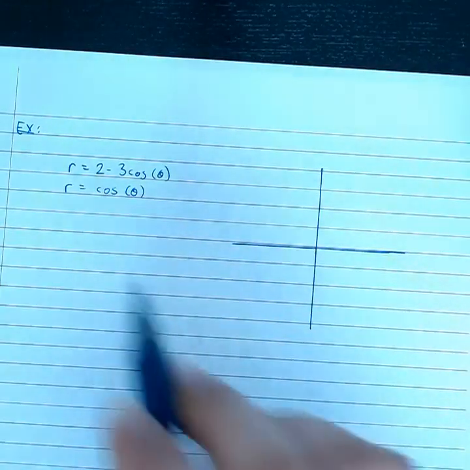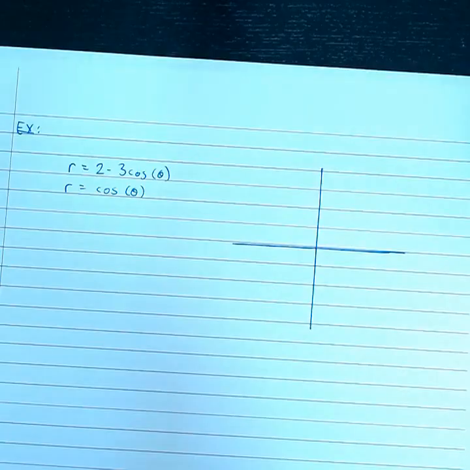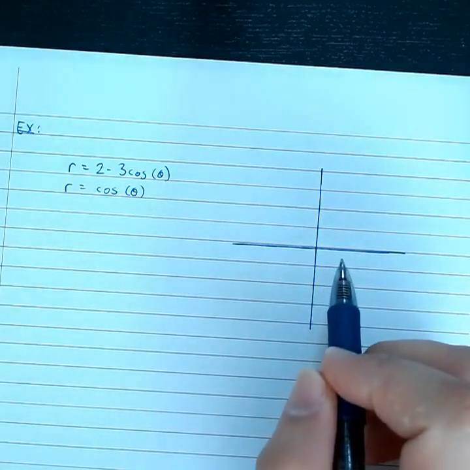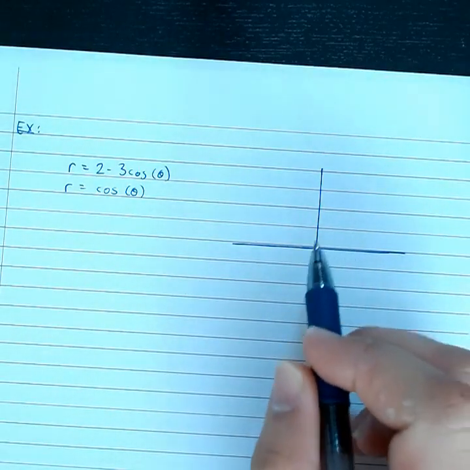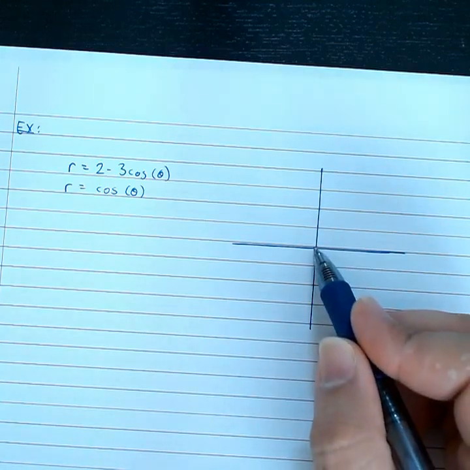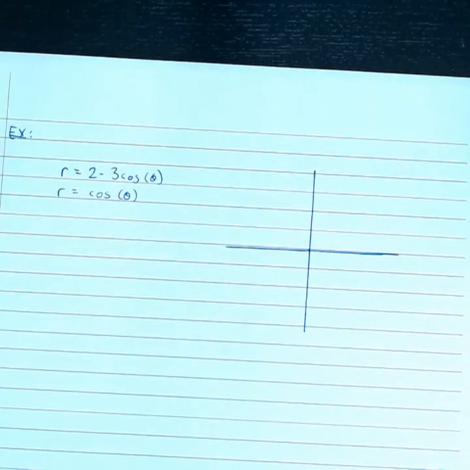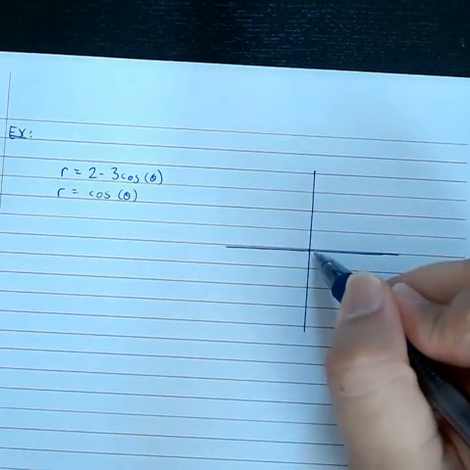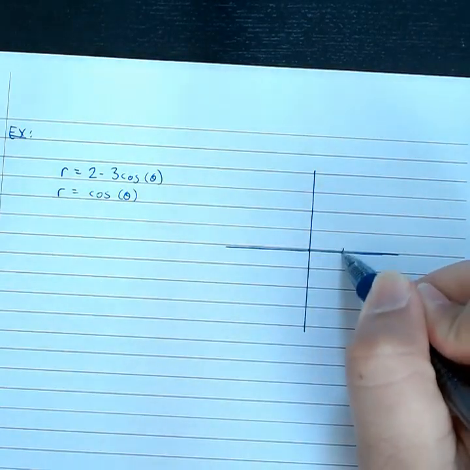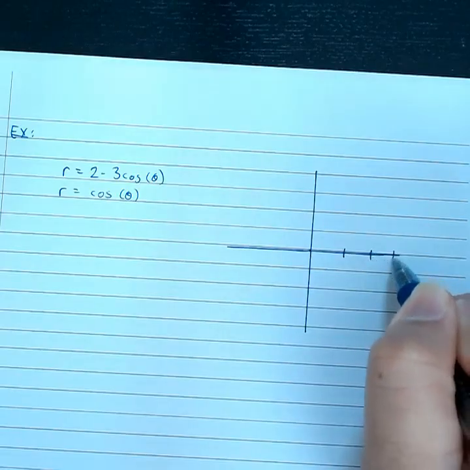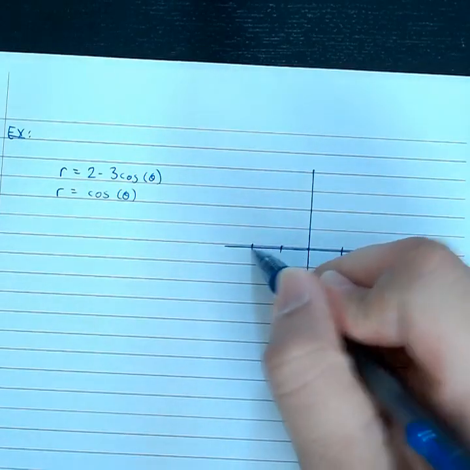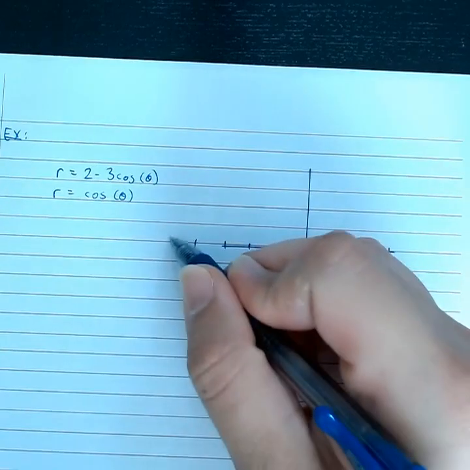Okay. r equals cosine of theta. That's a circle with a diameter of 1. It's going to touch the pole and it's going to go out as far as a distance of 1. So let's see, 1, 2, 3, 1, 2, 3, 4, 5.